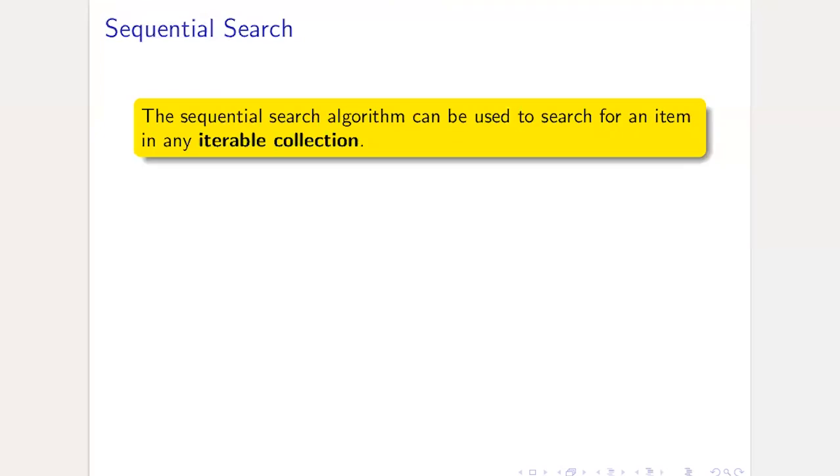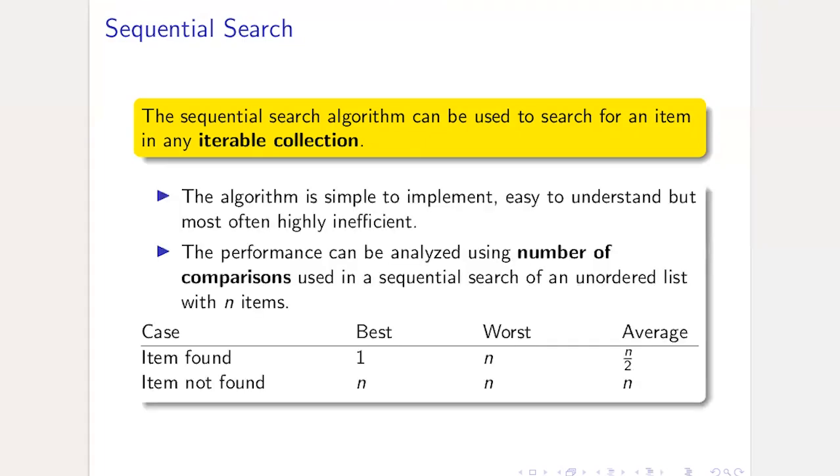As long as it is iterable, that means you can iterate over the collection taking one item at a time, then the algorithm can be applied. While this algorithm is very easy to understand and implement, it is of course highly inefficient, because the search is sequential. Start from one end and keep on searching until you find it.